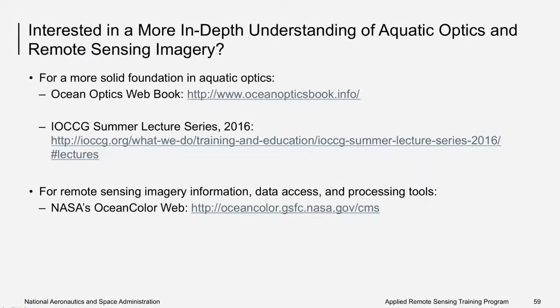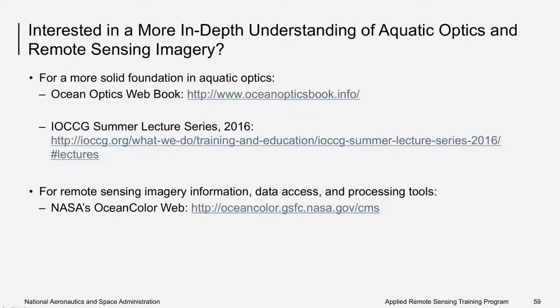If you are interested in building your knowledge of in-water optics and the fundamentals of remote sensing beyond this Fundamentals of Aquatic Remote Sensing webinar, I highly recommend the Ocean Optics Web Book. This is a free online resource that is perfect for beginners and advanced users alike. In my own research, I still refer back to this book when I need to clarify a concept.